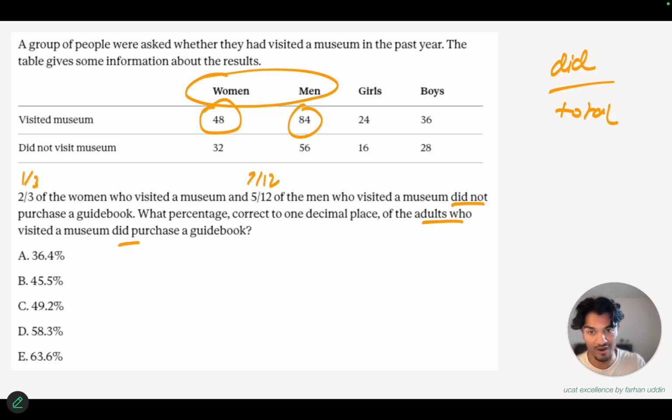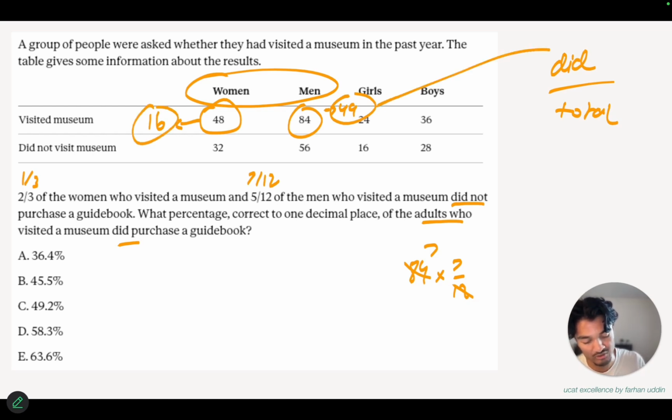So we're trying to find out the percentage that did buy a guidebook. We know 1/3 of these people did, and that ends up giving us around 16 people. And then 84 here, if we multiply by 7/12, 84 divided by 12, that's 7. So 7 times 7, that gives us 49. So here's the number of people that did buy.